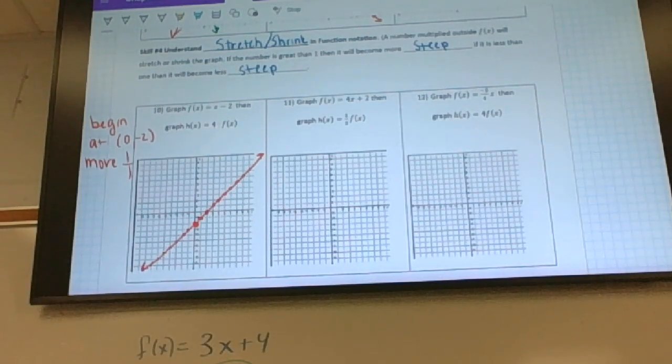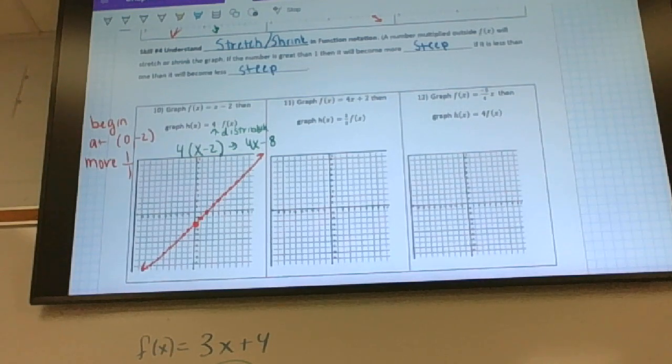Okay. So now to make H, you got a 4 out front. You're going to distribute that 4. So it's 4 times x minus 2, which would make it 4x minus 8. And that's our new function.